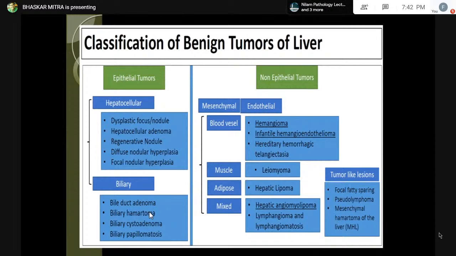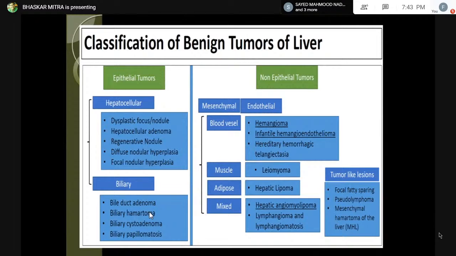Now coming to the non-epithelial part, the mesenchymal component, whether there is a proliferation of the blood vessels group or muscle or adipose tissue, or there may be mixed proliferation of the different mesenchymal components. In the blood vessels group, this caters to the hemangiomas, different telangiectasias, borderline vascular tumors.